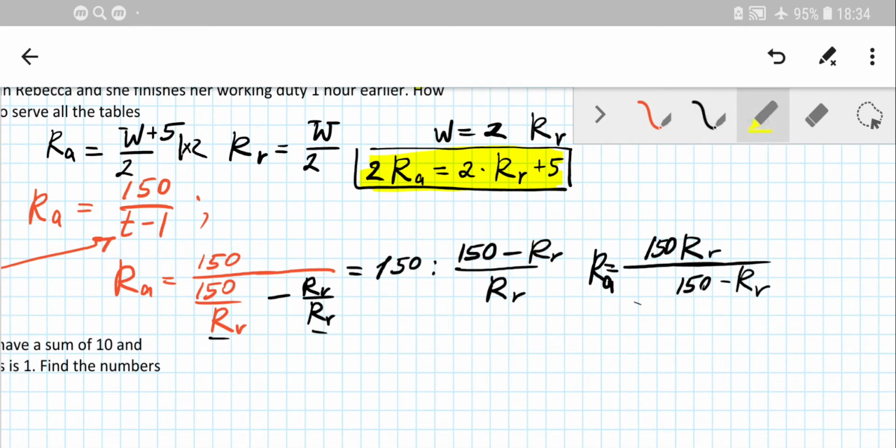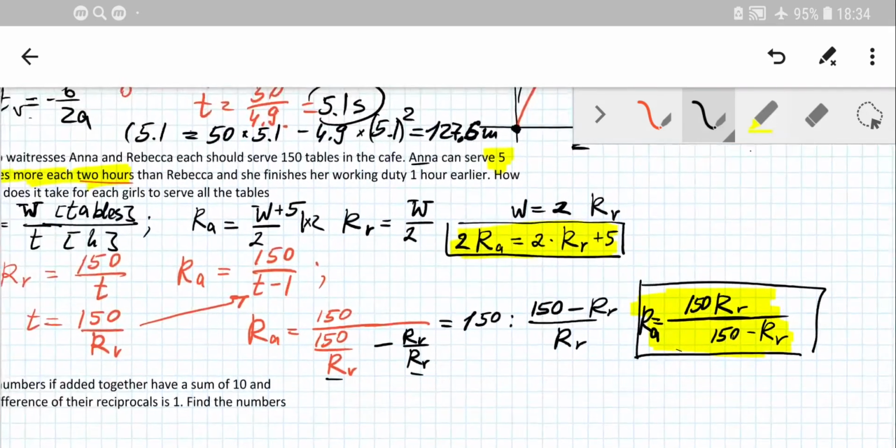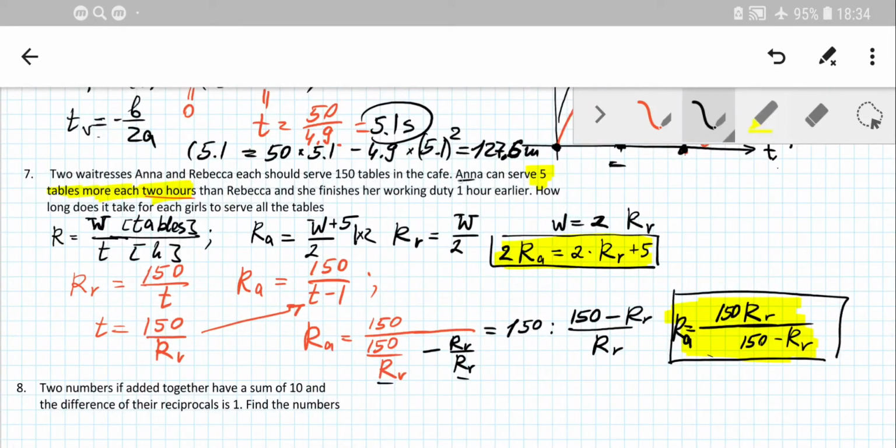And this is the second equation in a row. So we first connected the rates for Anna and Rebecca through the first statement about how each person does their job.